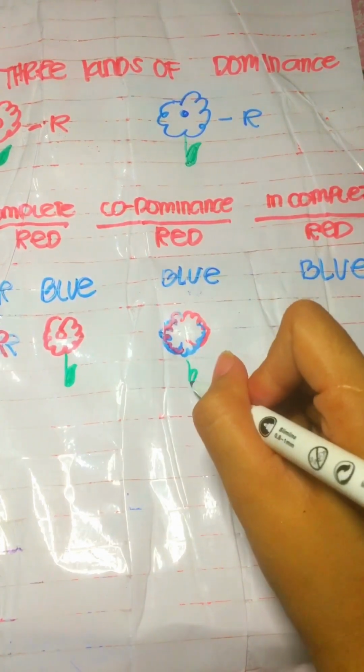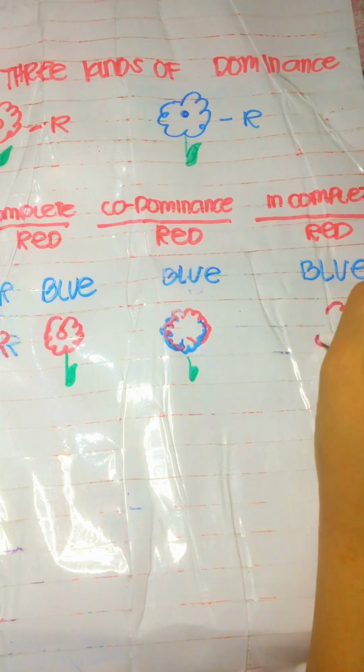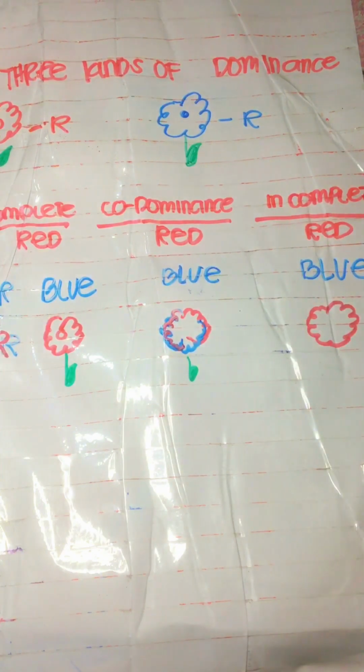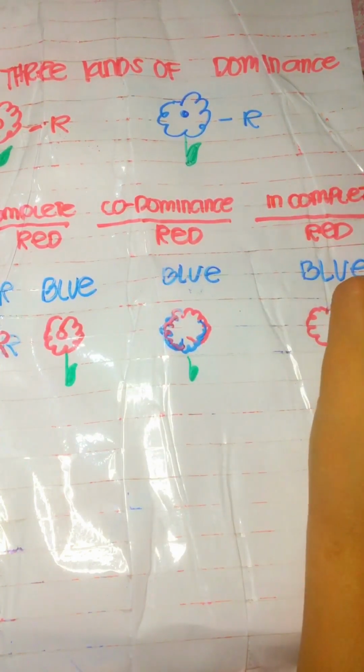So the two alleles are dominant together, they are codominant, and traits of both alleles show up in the phenotype. Incomplete dominance is when the heterozygous phenotype shows a mixture of the two alleles. So in this case, the red and blue flower petals combine to form a purple flower.